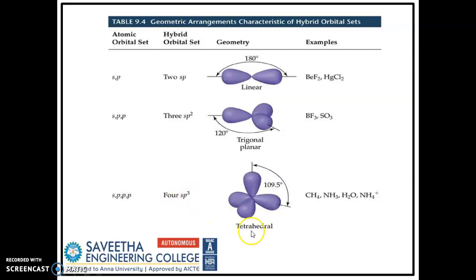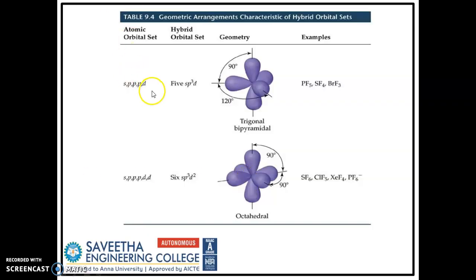The geometry is tetrahedral and the bond angle is 109.5 degrees. And if the valence shell electron pair is 5, the geometry is trigonal bipyramidal. The bond angles are 120 and 90 degrees. And if it is 6, the hybridization is sp3d2 and the geometry is octahedral and the bond angle is 90 degrees.